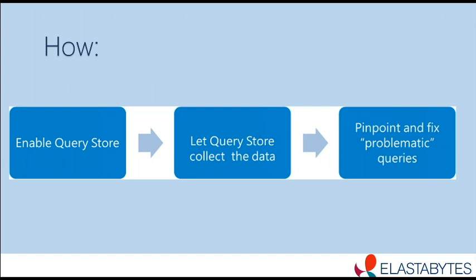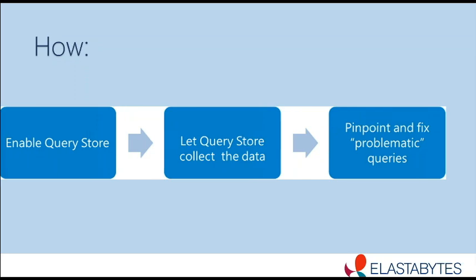Basically, you have to turn it on, and it starts collecting data. You turn it on, wait an hour or two, and it will start collecting data, and you will be able to pinpoint all the problem areas within your SQL Server queries. It is really valuable, and it gives you great insights into how SQL Server is managing your queries.